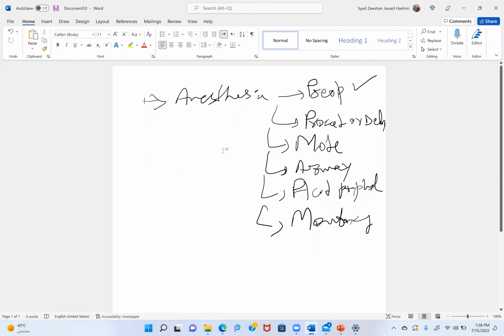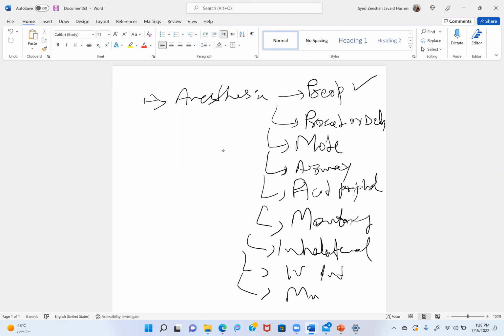Maybe you need ABGs, even intraoperatively. So ABGs are also part of monitoring the patient, okay? You are doing this point of care testing for monitoring. Things like that, and you can think about the inhalational agent, the IV induction agent, the muscle relaxant.